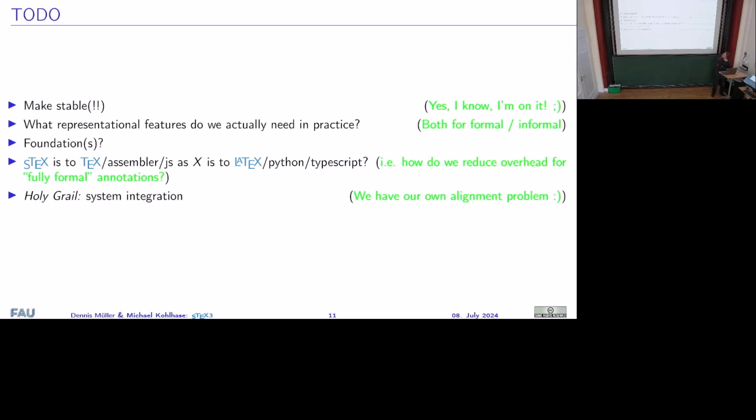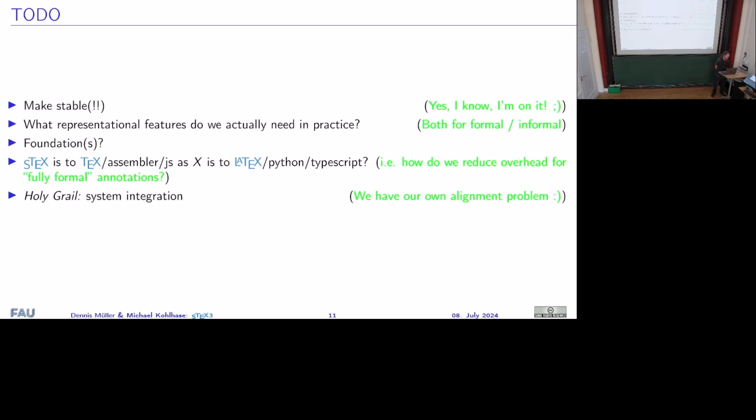If you want to annotate actual natural language statements, then the syntax gets very convoluted very quickly and correspondingly difficult. I consider the current state of STEC for doing these kinds of things as the analog of whatever JavaScript is with respect to TypeScript.